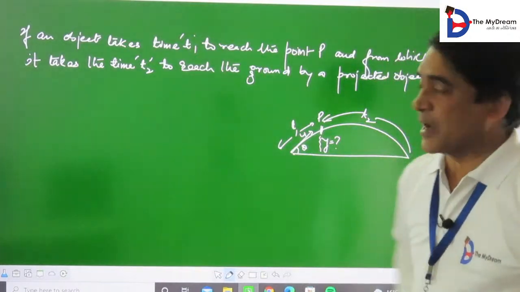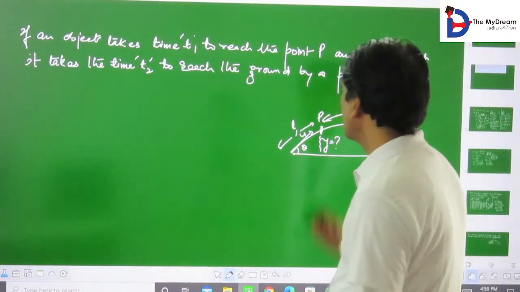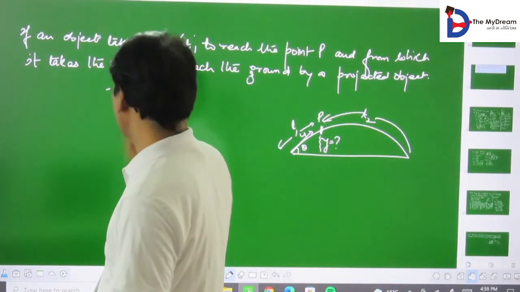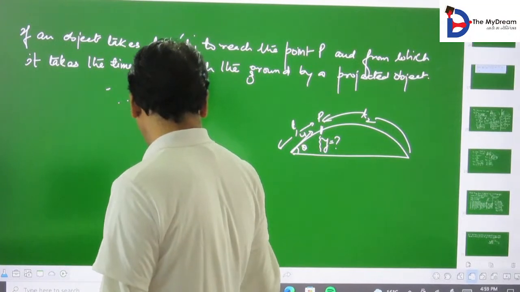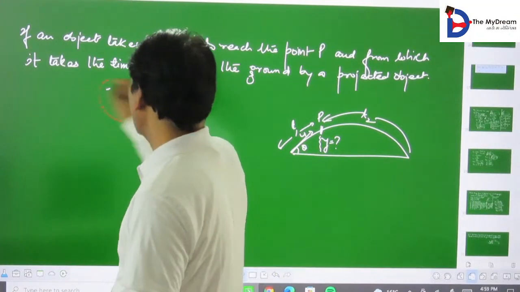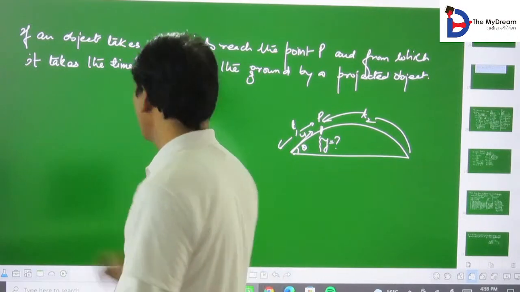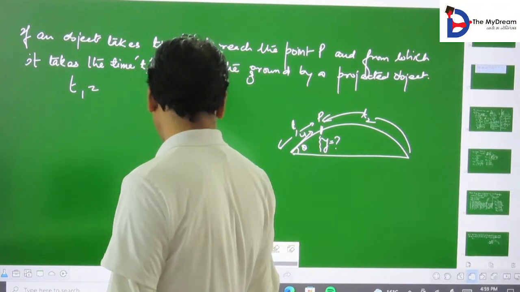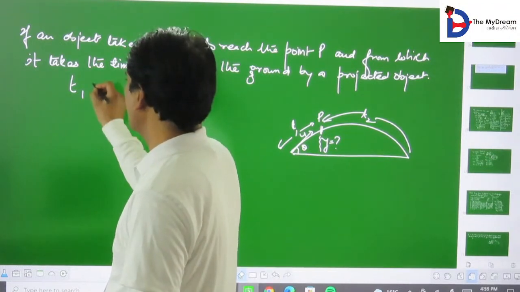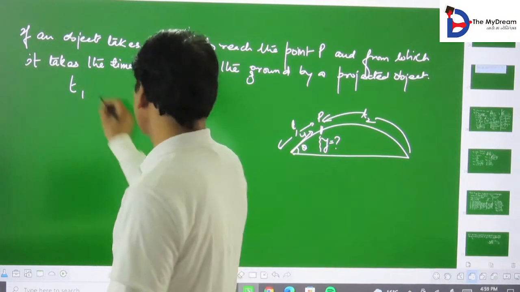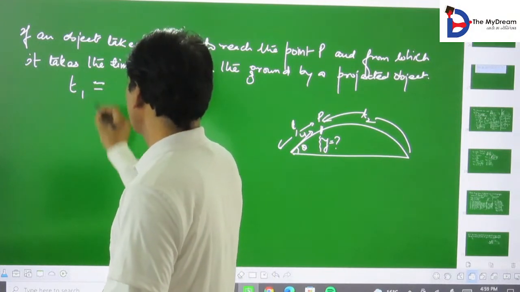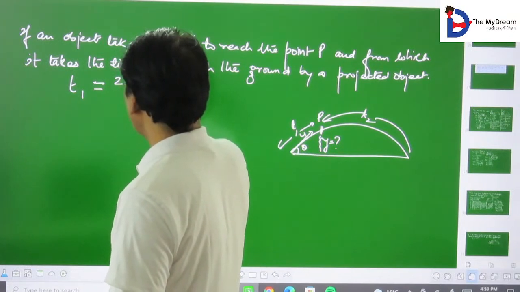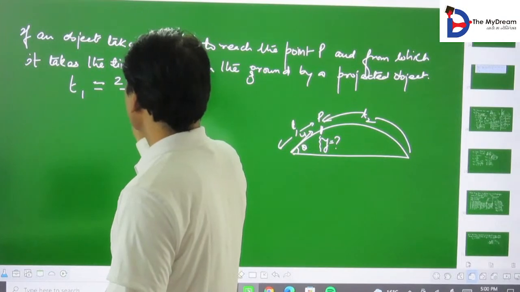So the t1 is the time to reach the point P. So it is given by t1. t1 is equals to twice of u sin theta by g.